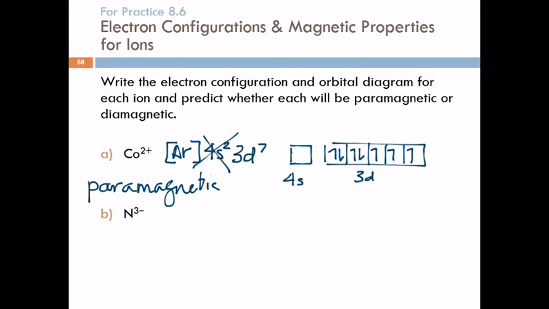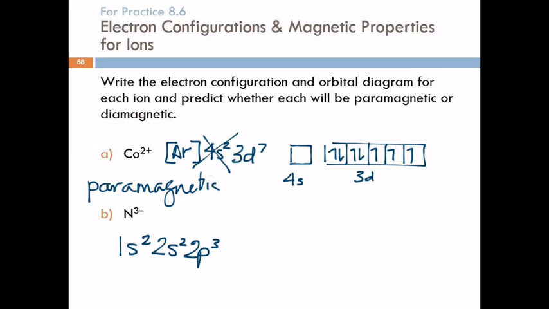Let's look at nitrogen. Writing 1s2 or helium doesn't really matter, does it? So just the nitrogen atom would be 1s2, 2s2, 2p3, right?